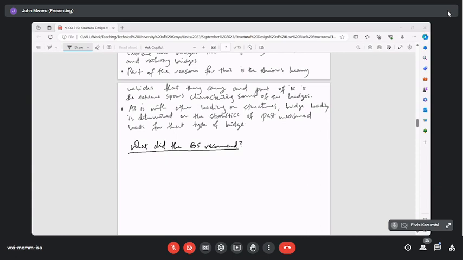Two main load categories need to be checked when designing a bridge to the BS standards.